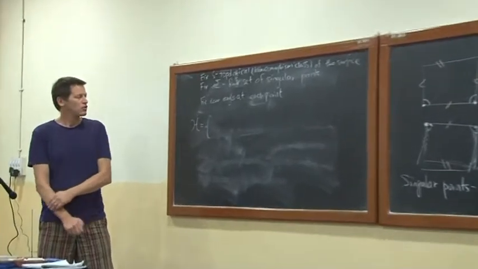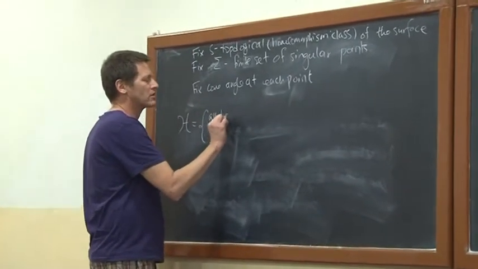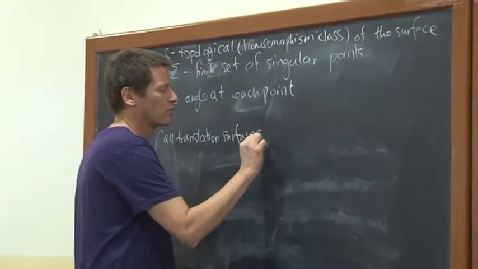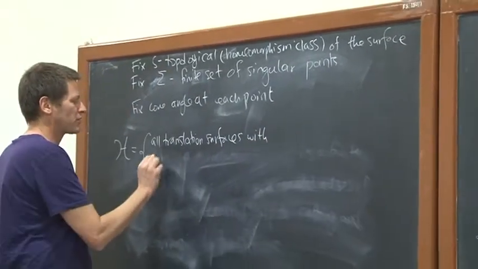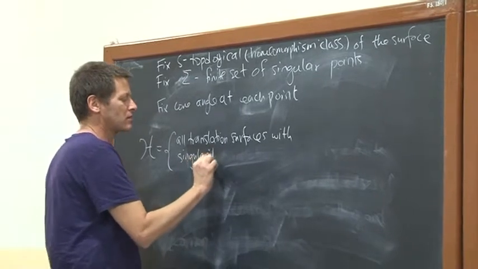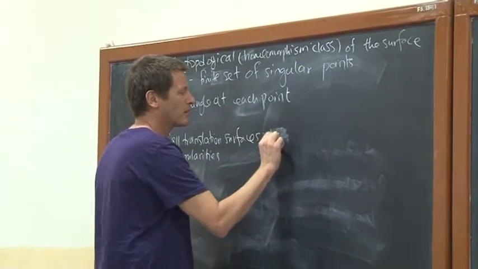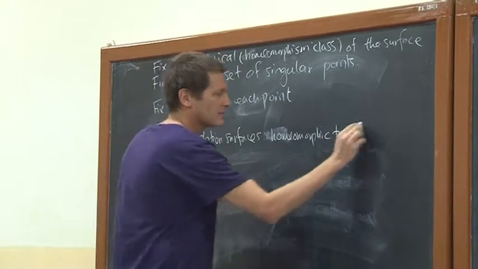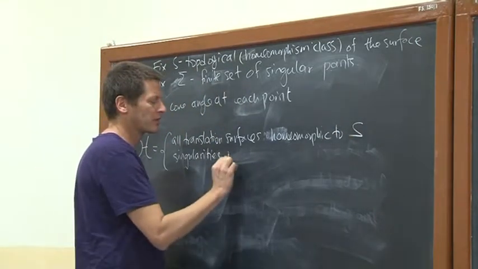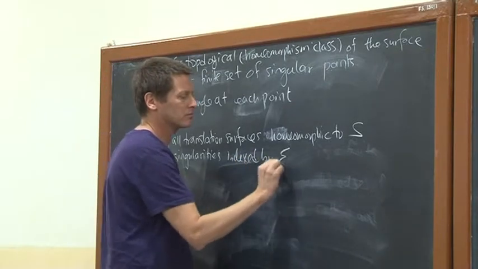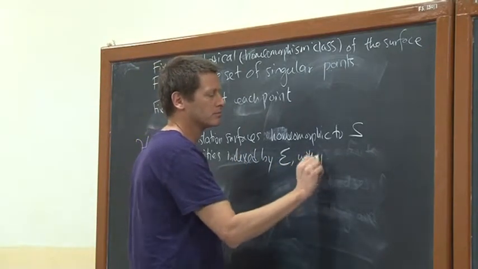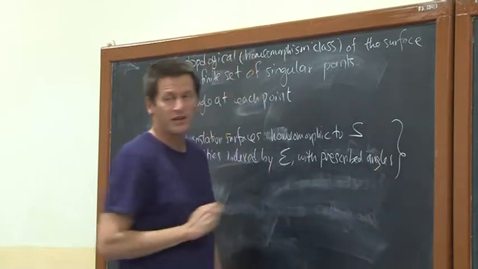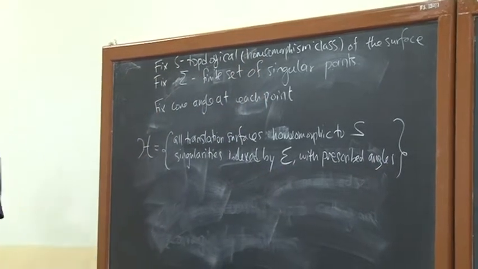Okay, so H will be all translation surfaces homeomorphic to S, with singularities indexed by sigma with prescribed cone angles, which means that at each point of sigma, I fix the cone angle at that point.